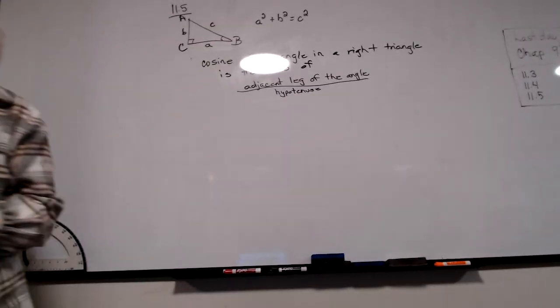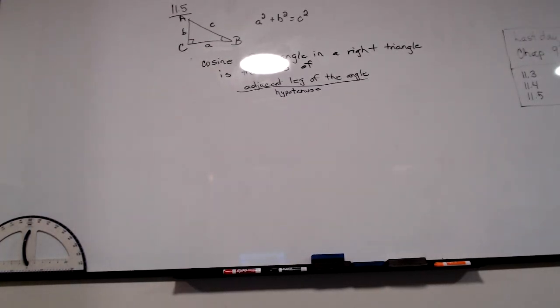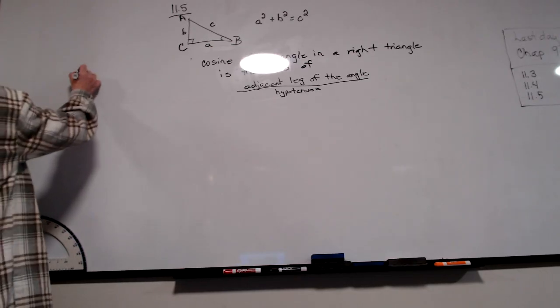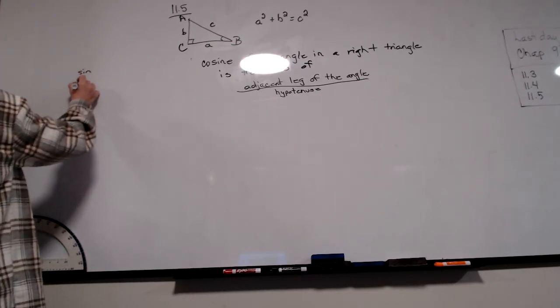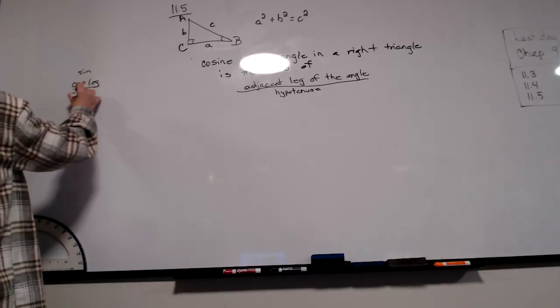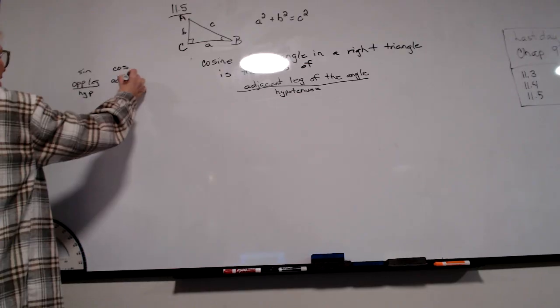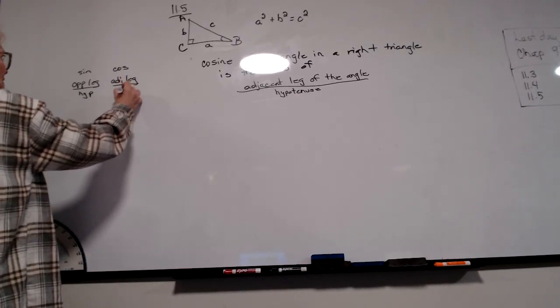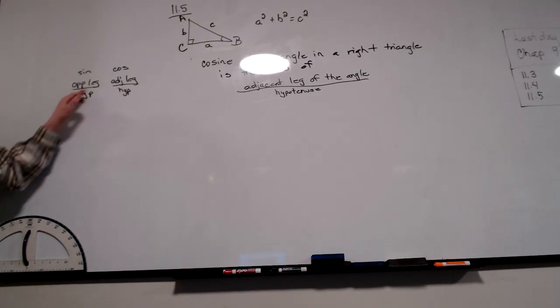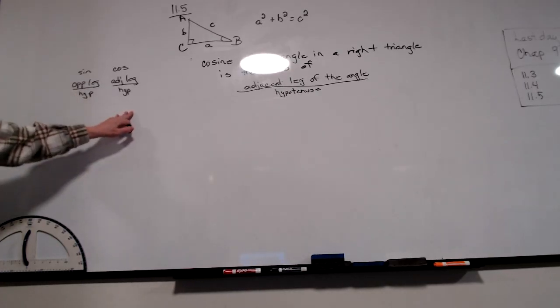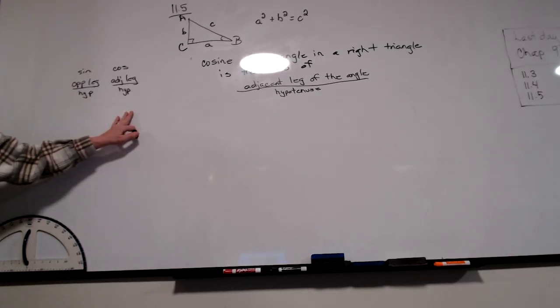Okay, so it's that side that's part of the angle over the hypotenuse. It's related to sine, so if you think about it, sine is the opposite leg over the hypotenuse, and cosine is the adjacent leg over the hypotenuse. So one is sine, one's cosine, because they are the two parts that you could have. You can't have any more. Okay.